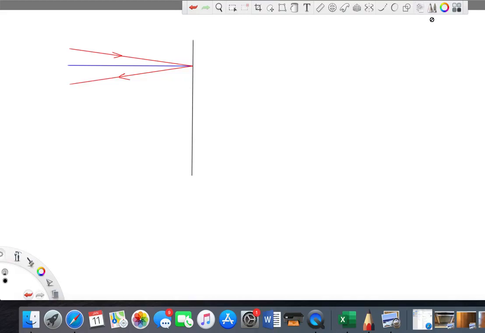That always applies. So here we have our angle of incidence, which we call I, and here we have the angle of reflection, which we'll call R. We also call the angle of refraction R, so look out for that. So the angle I is the angle of incidence.